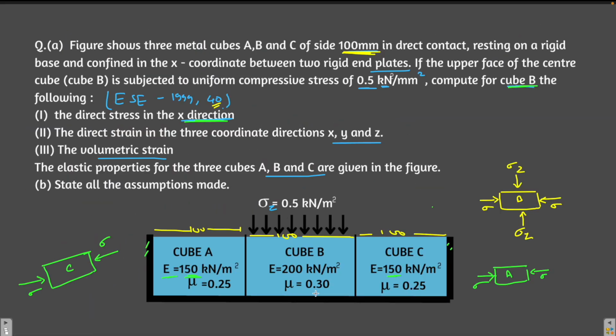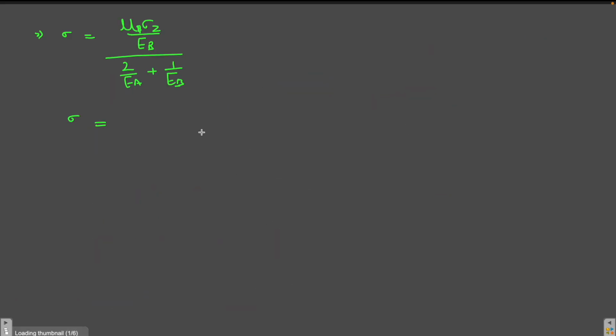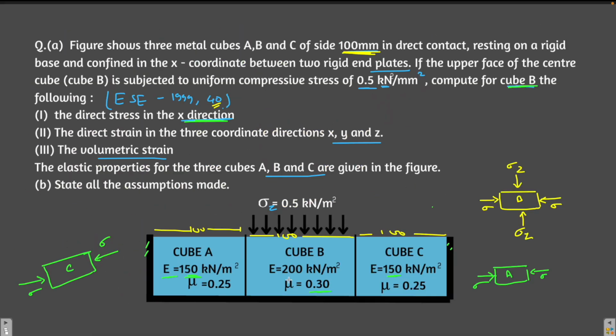It is 0.3, right? 0.3 into what is sigma Z given to you? It is 0.5 kilonewton per meter square.